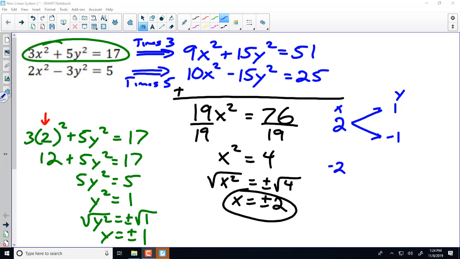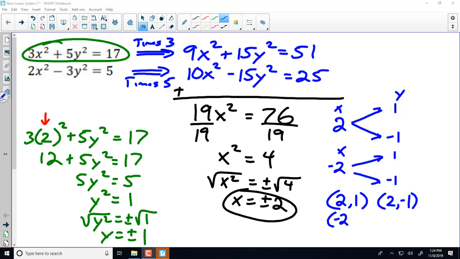And if you plug in a negative 2 for x, you would also get that y was 1 or negative 1. So we actually get 4 answers to this problem, everyone. The 4 answers we get are 2, 1; 2, negative 1; negative 2, 1; and negative 2, negative 1.